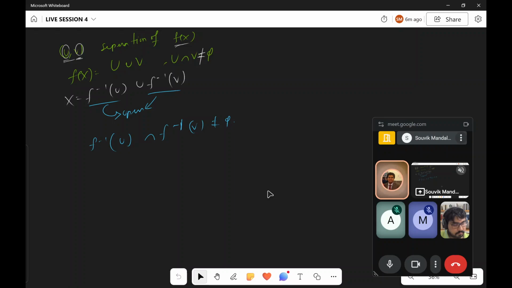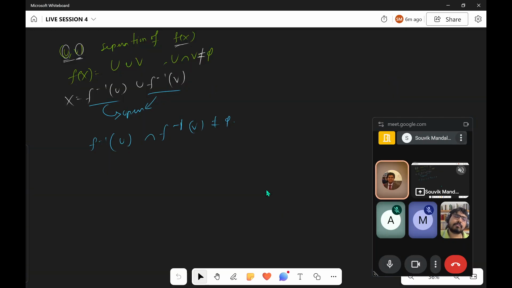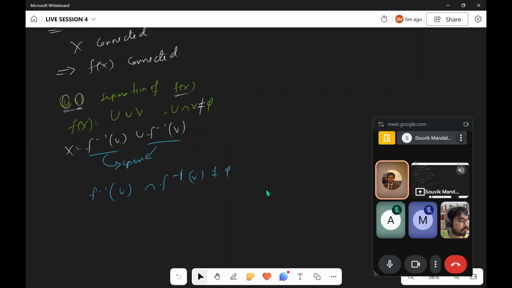If U and V is a separation of X, then U intersection V is phi, the null set, right?